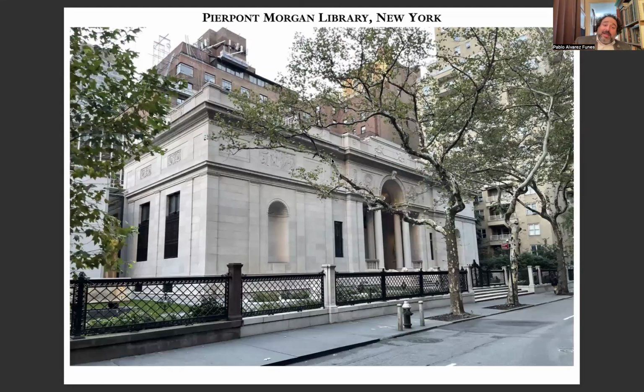And at a smaller scale, the Pierpont Morgan Library in New York is another example of a much smaller library. This was the private collection of Mr. Morgan, who made a massive fortune and was a heavy collector of books. And nowadays, it's a cultural institution that hosts and maintains the deposit.